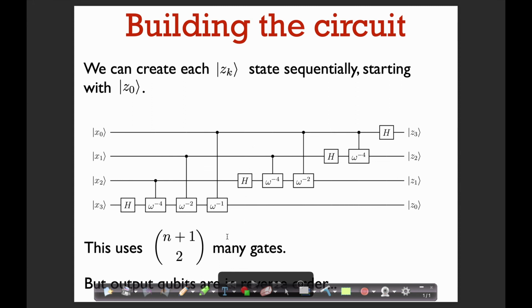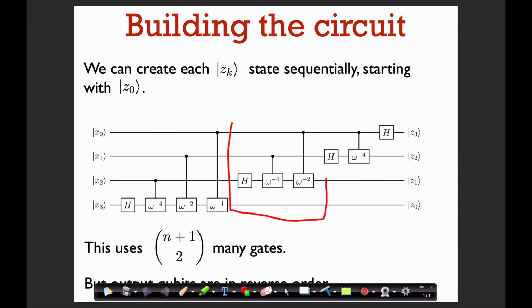Okay, so then we basically apply our little circuit block here to create z1. And again, that didn't change the phase on the wires for x1 or x0. So then we can apply our little block to create z2, and then we apply our block to create z3.